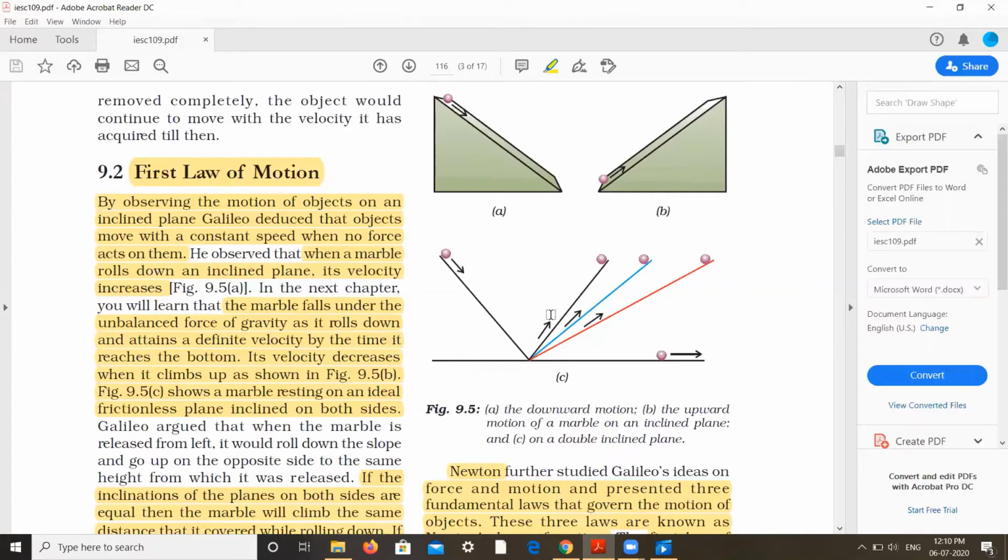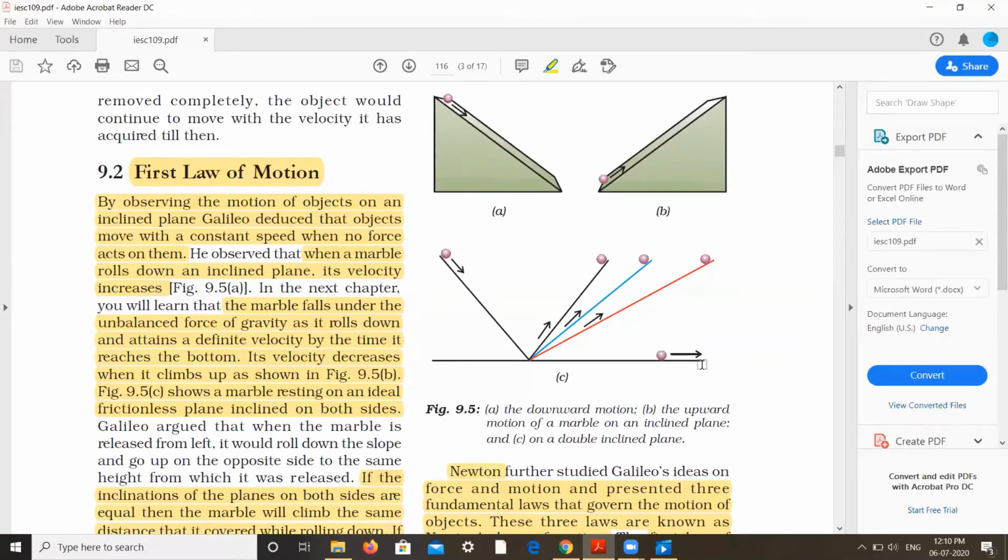But when the inclination of the second pillar is reduced by some distance, you see that the speed of the ball increases and it also covers a larger distance. At the point when this inclination is reduced to zero, suppose this is the first inclination, second, third, and the last. And at the last, the inclination becomes zero.